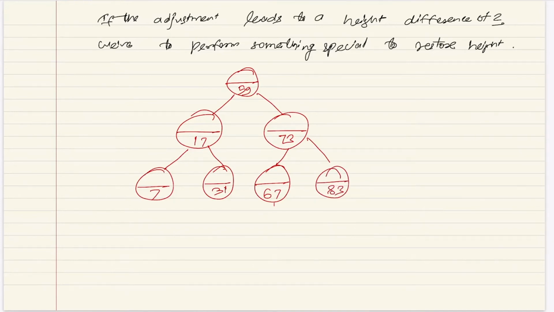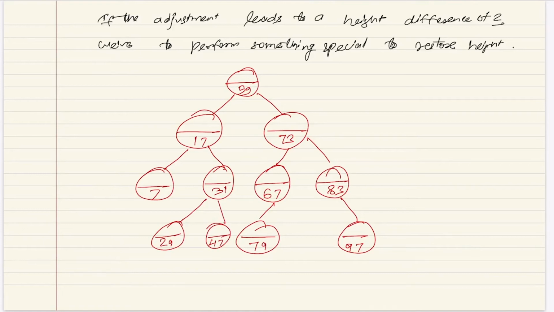The nodes are 83, 79, 97, 29, 47, 23. The left of this is 37 and to the right of this is 13.